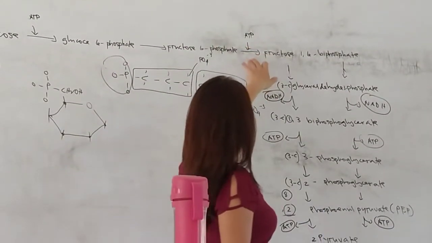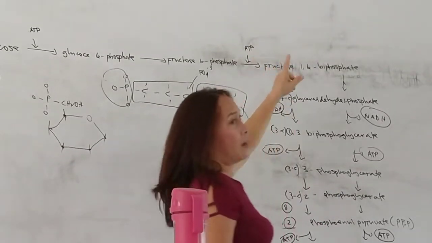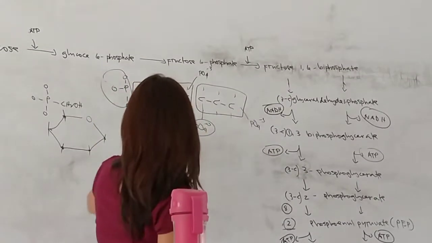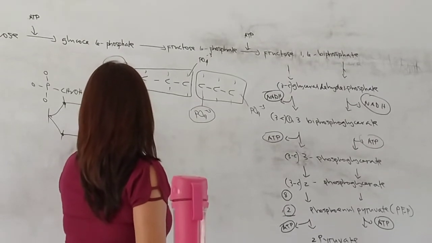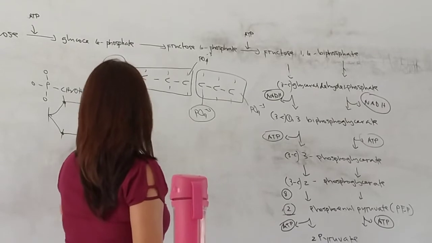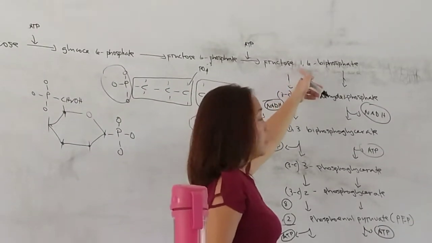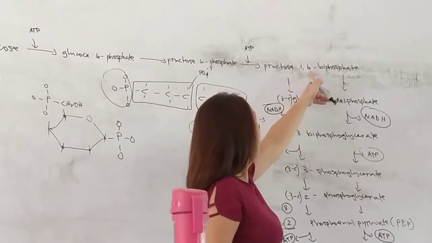So ATP is added. Where is this phosphate of ATP bonded? It's on the first carbon. So you have here, this is the first carbon, so you have the phosphate. So you have another phosphate. That's why it's called fructose 1,6-bisphosphate, meaning on the first carbon and on the 6th carbon of fructose.